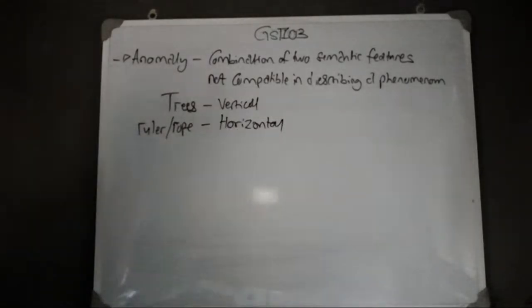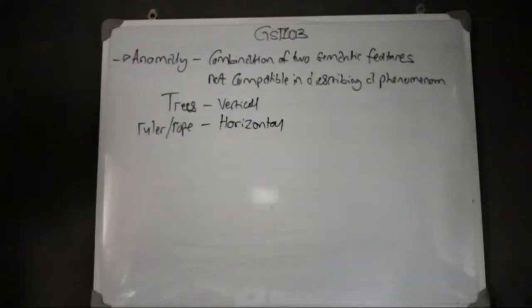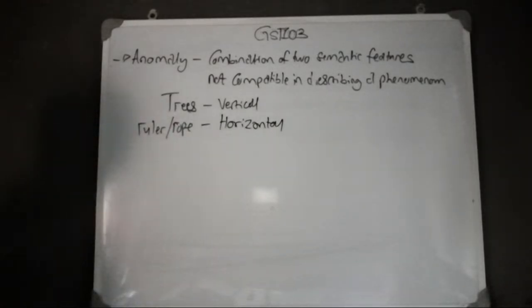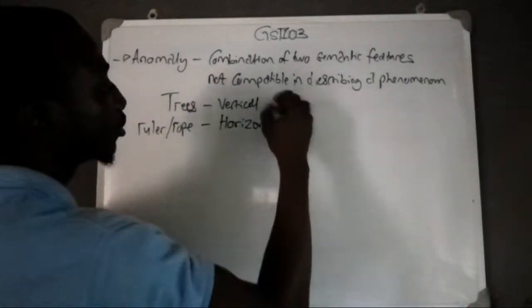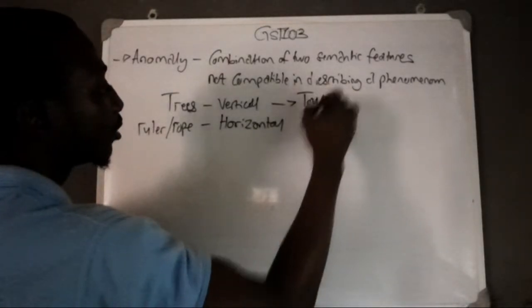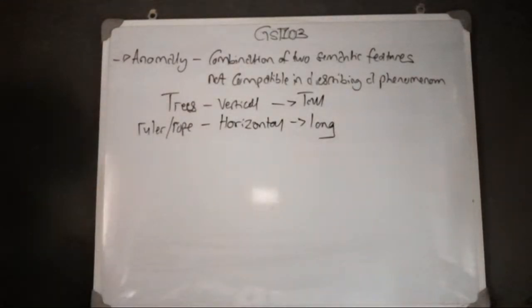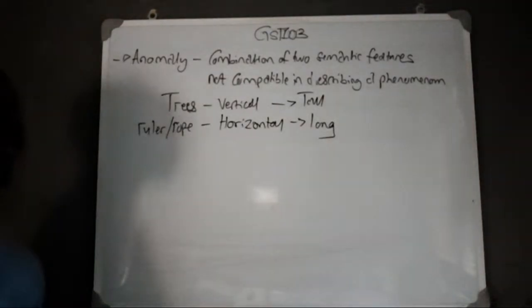For vertical items, we describe them in terms of tall. For horizontal items, we describe them as long.